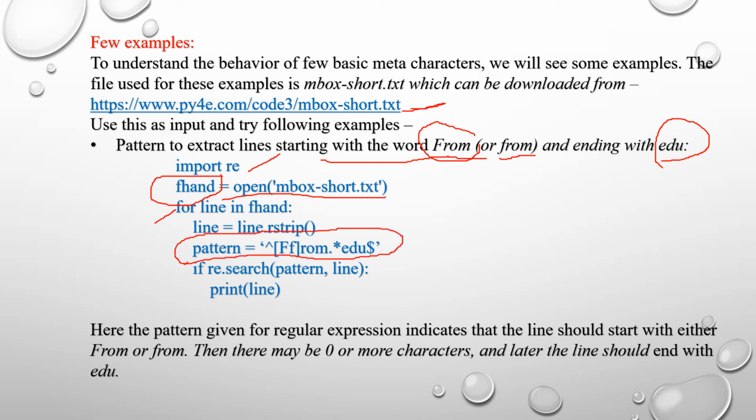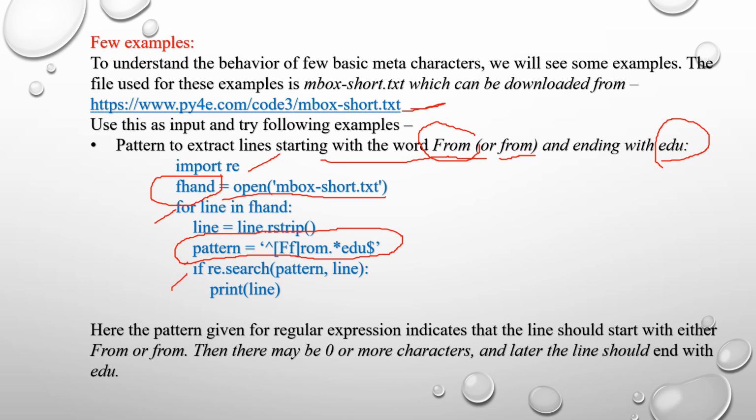The condition is that I want to extract lines starting with From and ending with edu. So here I am using the caret symbol, then within a square bracket I am specifying uppercase F and lowercase f, then rom, dot, then star, and the end letters are edu, so I end with the dollar symbol.